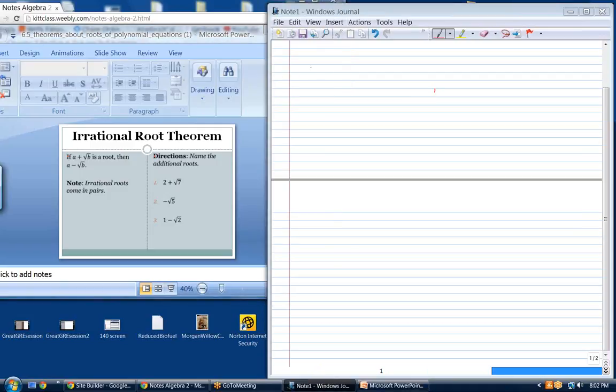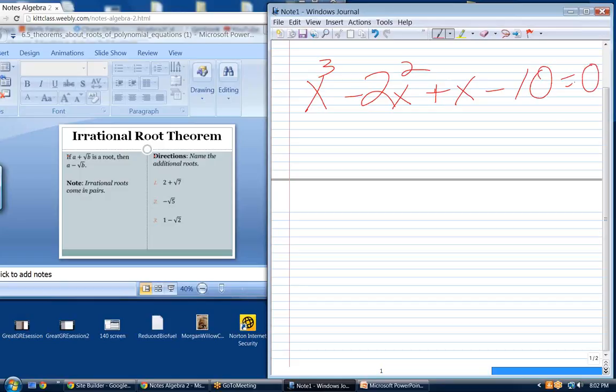Therefore, if I have an equation like this, that necessarily must have a rational root, right? Because we know there's 3 solutions. Well, they can't all be imaginary and irrational. There could be 2 imaginary, but there cannot be 2 imaginary and 2 irrational.